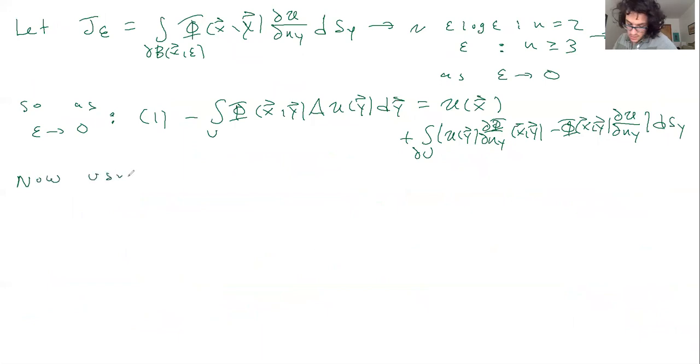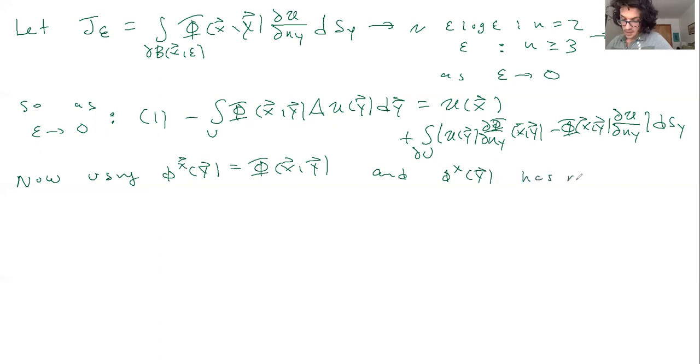Now, using that symmetry of our solution, take little phi of x, y equal to big phi of x, y. Then little phi of x, y has no singularity at x equal to y.